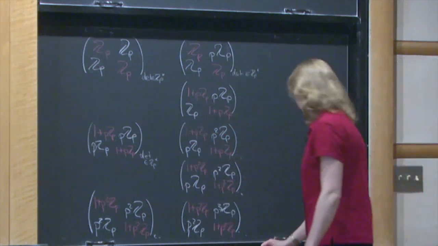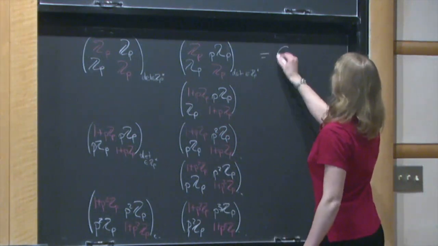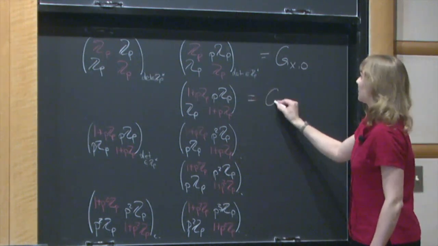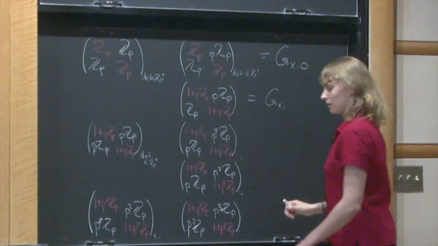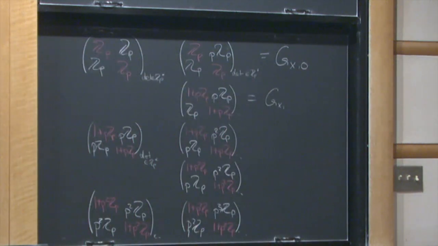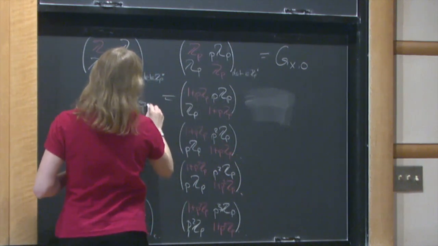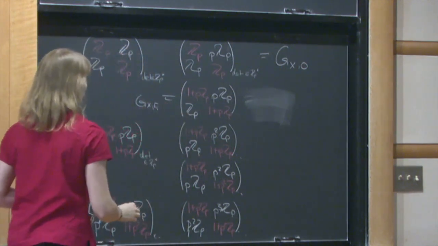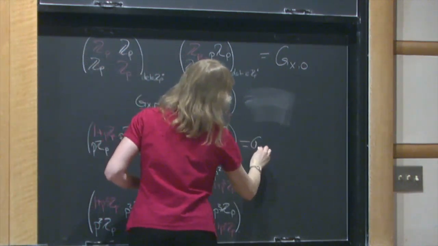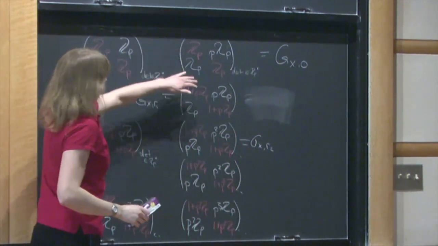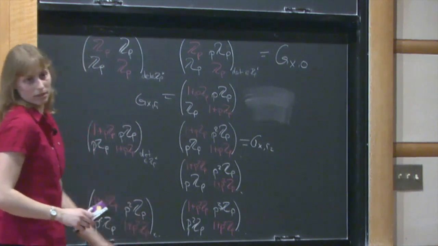So in this example, this is the zeroth filtration subgroup, GX0. This is the first filtration subgroup, GX-R1. R1 just means the first one. This is the next, GX-R2, and so on. So 0 is the first, R1 is the second, R2 is the third.